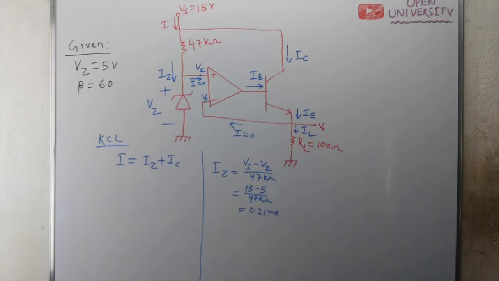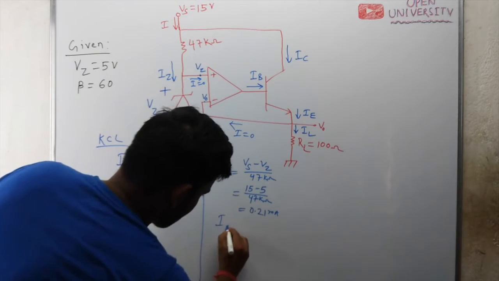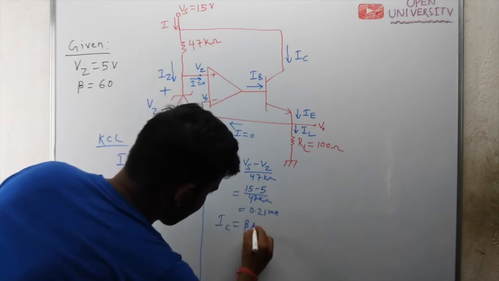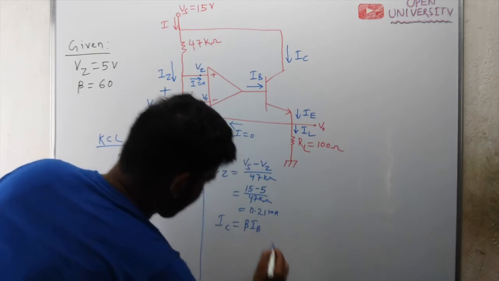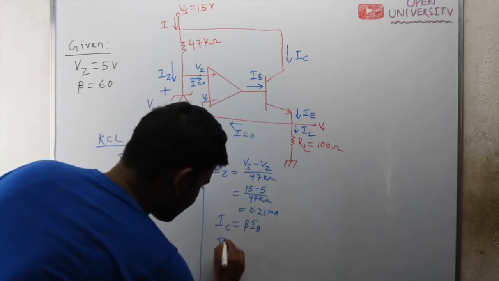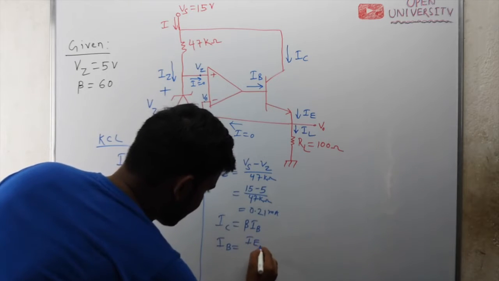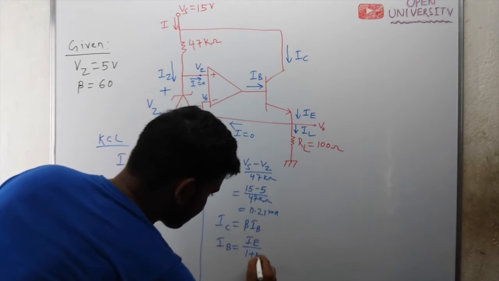How to get Ic? Since beta is given, I use the formula Ic equal to beta Ib. The formula for Ib is IE by 1 plus beta.